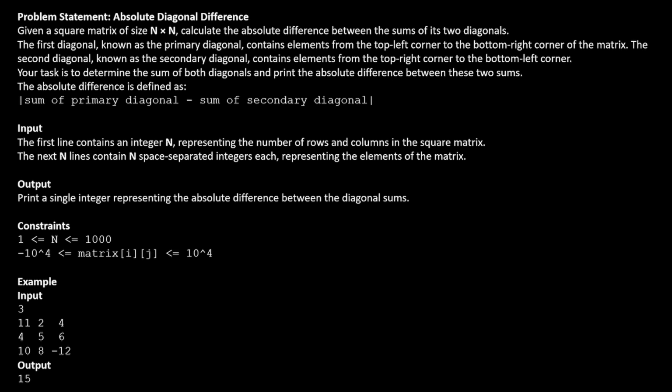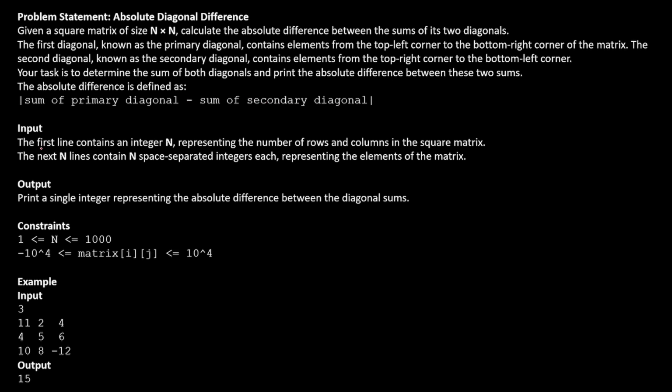The second diagonal, known as the secondary diagonal, contains elements from the top right corner to the bottom left corner. That is the secondary diagonal. After that, our task is to determine the sum of both diagonals and print the absolute difference between these two sums. The absolute difference is defined as the sum of the primary diagonal minus the sum of the secondary diagonal.